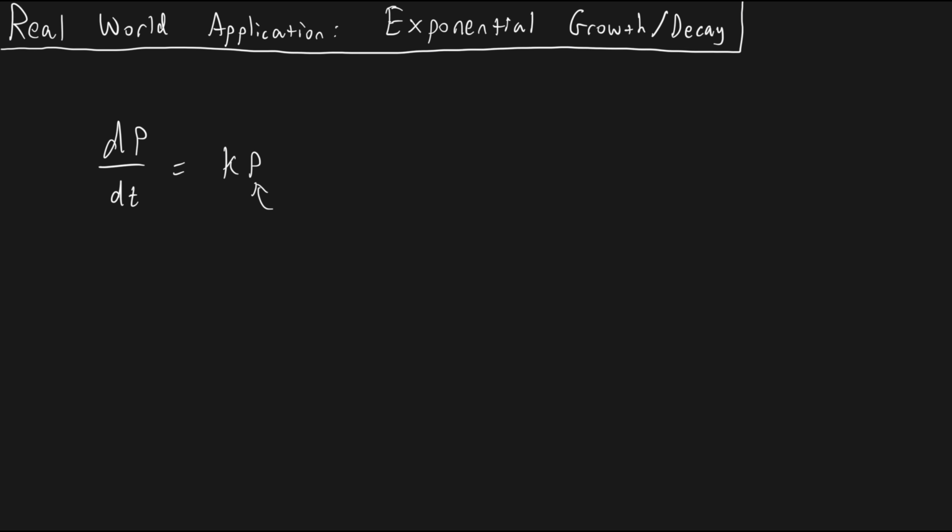P is the population of what we're tracking. And when we say dp over dt equals kp, k is just some constant value saying that the rate of change is directly proportional to the population.